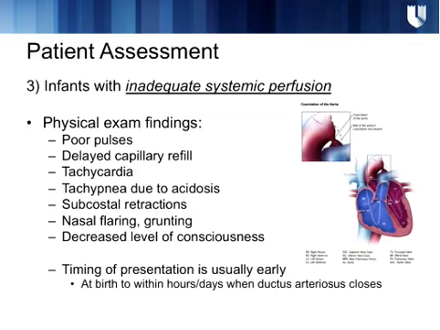Once the patients have significant lactic acidosis, you'll see tachypnea, subcostal retractions, nasal flaring, grunting, and you may start to see decreased levels of consciousness. Usually these patients present early at birth, within hours to days, as the ductus arteriosus closes.